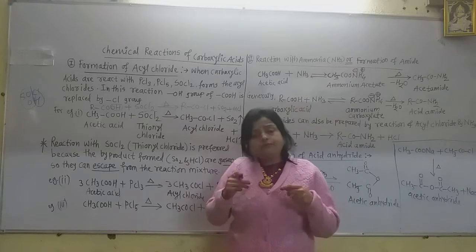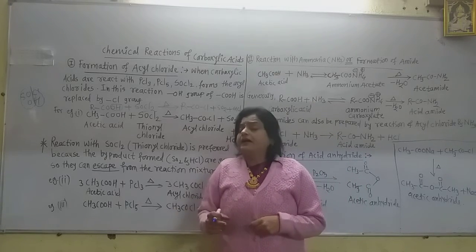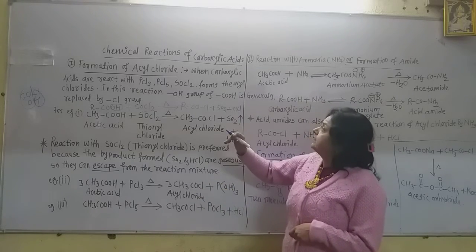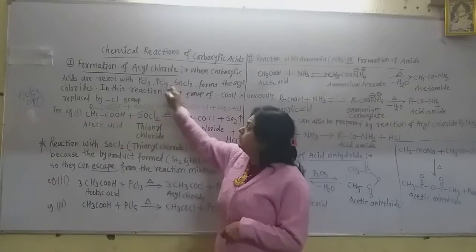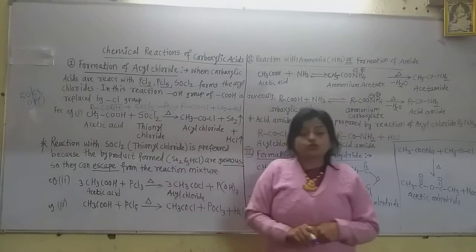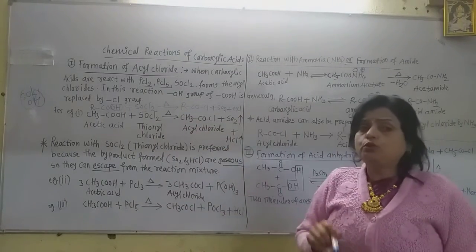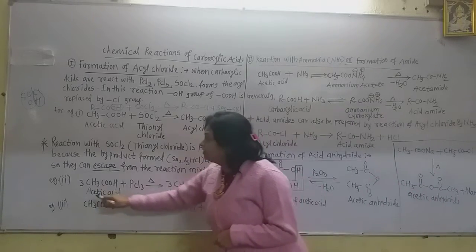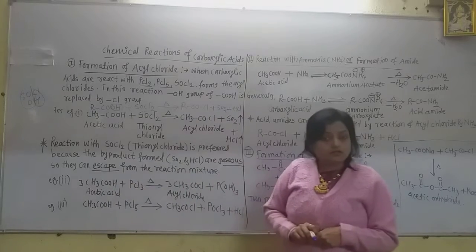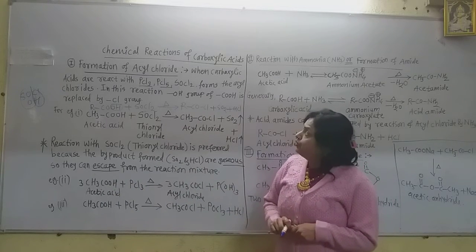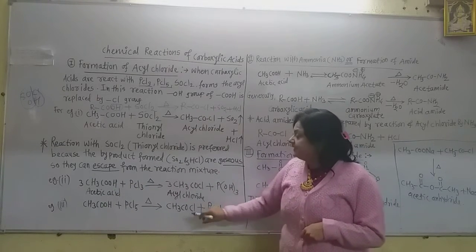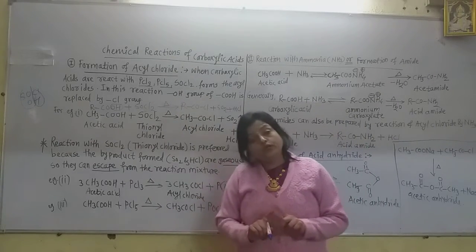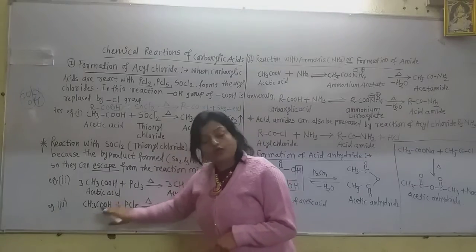If we want to prepare the acyl chloride, two other reagents, phosphorus pentachloride and phosphorus trichloride, are also used. But if you use phosphorus trichloride, you must take 3 molecules of acetic acid. Remember that. If you want to prepare acetyl chloride using phosphorus pentachloride, take only 1 acetic acid molecule.